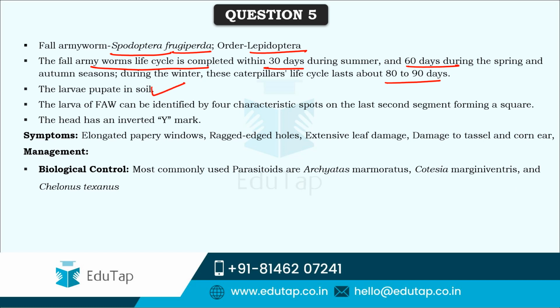So whenever the larva pupates in soil, obviously one of the best management practices is deep ploughing and then exposing that soil to sun so that these pupae will be killed. The typical characteristic of fall armyworm is that it has 4 characteristic spots on the last but one segment of its body which form a square, and along with that the head has an inverted Y mark.